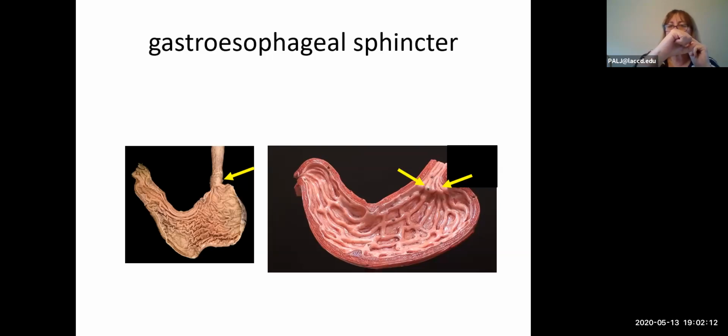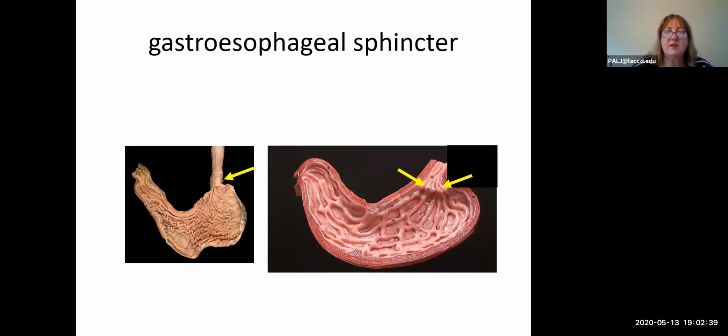What we do is we have extra circular muscle that goes around the circumference. So if it contracts, it can block off that opening. Most of these we are going to be calling sphincters, so we'll have several sphincters in the digestive system. And the first one is the gastroesophageal sphincter between the stomach and the esophagus.